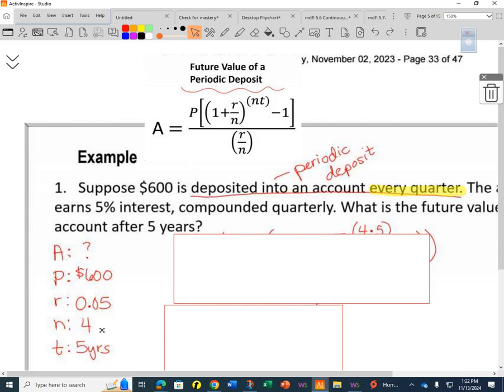So now we're going to take those values and plug them into our new formula, the future value of a periodic deposit formula. P goes here, R goes here and here, N goes here, here, and here, and T goes there. So go ahead and try to plug them in. I'm going to uncover it and let you see.